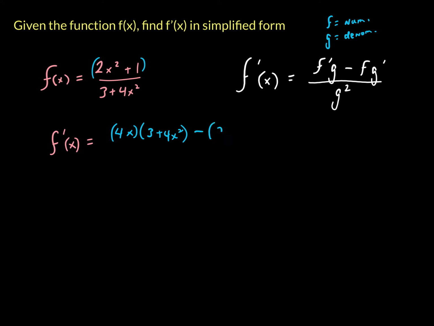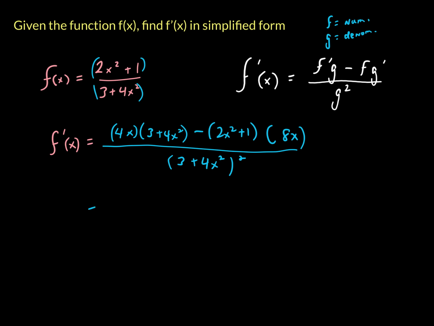Minus, I leave the 2x squared plus 1, and we take the derivative of the denominator. That's 3 becomes 0, and 8x squared. I'm sorry, 8x. You have to reduce the exponent by 1. Divided by g squared. g is your denominator.